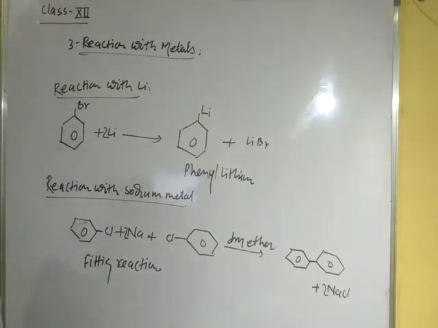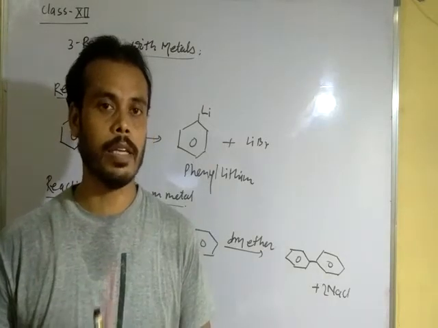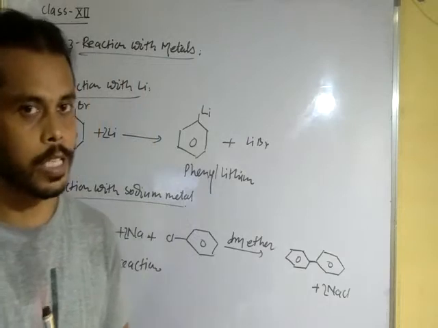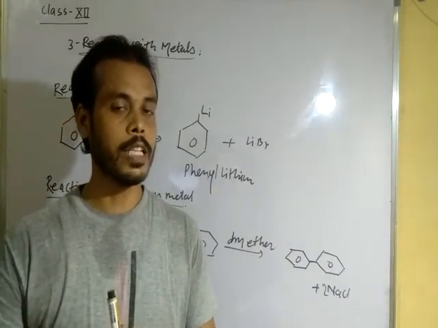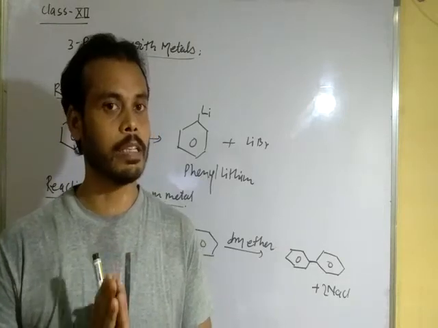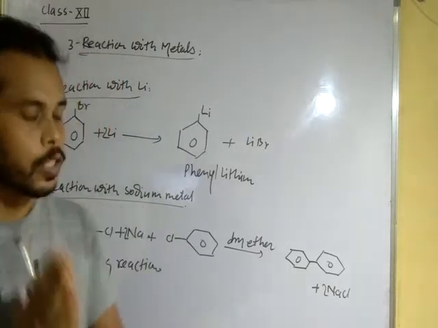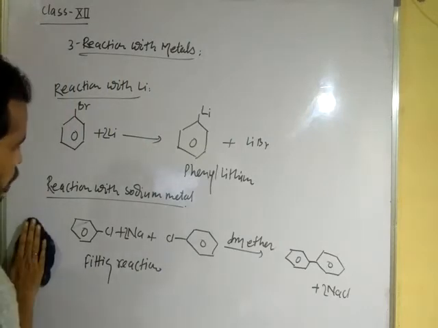But when haloarenes are treated with alkyl halide in the presence of sodium and dry ether, or you can say the ethereal solution of alkyl halide is treated with haloarenes in the presence of sodium, it forms an alkarene.